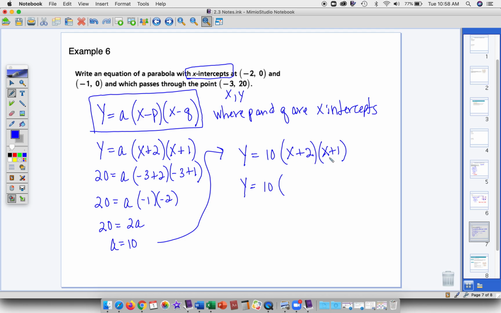Multiply the two factors together, so I get x squared. My inners give me a 2x, my outers give me a 1x, so that's a 3x in the middle, and 2 times 1 gives me 2, and then my final answer would be 10x squared plus 30x plus 20.